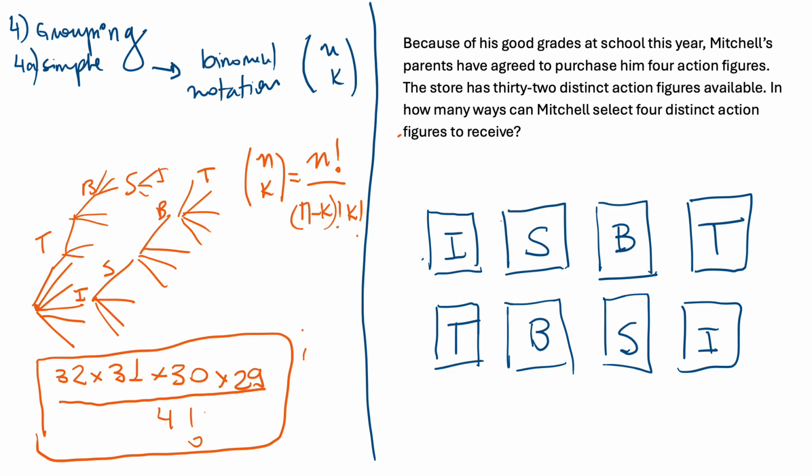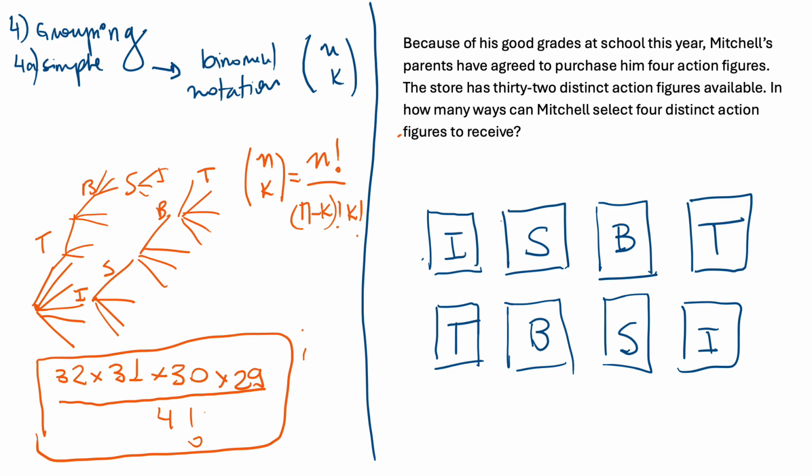So this is what grouping means, okay? If you think about these 4 bins, they can shuffle in 4 factorial ways, meaning I have 24 ways of ordering the characters I, B, T, S. But I don't care.